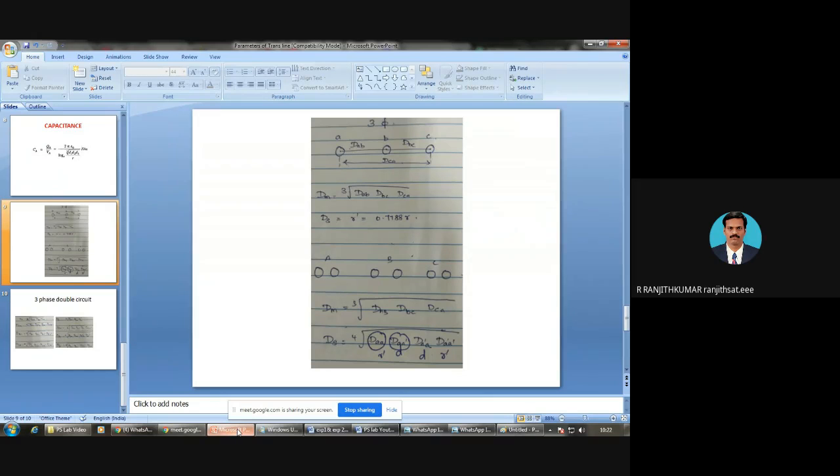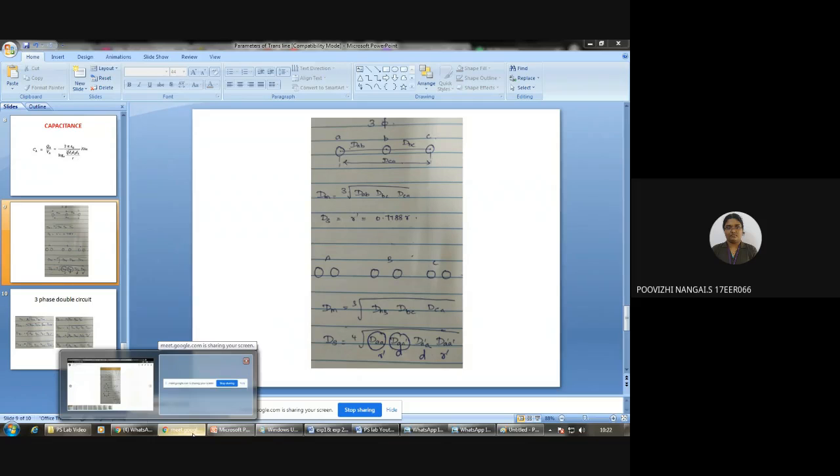So in that case we will not use the diameter anywhere. This D is the bundle spacing, not the diameter. Were you confused about that? No, ma'am, I thought the radius had to be copied from the previous problem, so I asked. Okay, no problem. The radius is the same. The only thing is that the solid conductor is replaced by a bundled conductor with bundle spacing of 45 centimeter. Thank you, ma'am. Yes, ma'am.